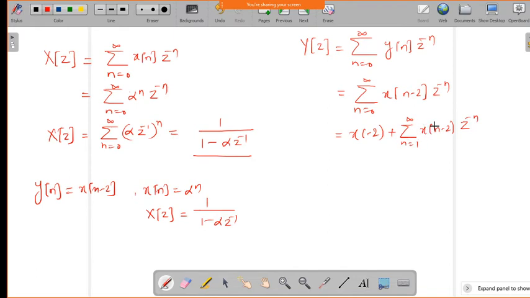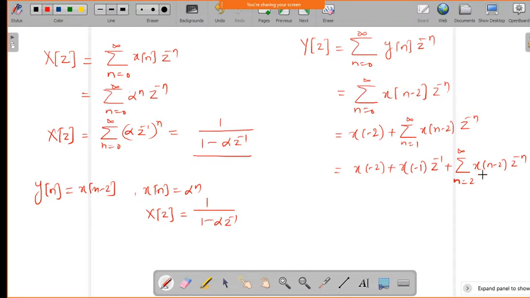Similarly, if you put the value of n equal to 1 here, you will get x(-1) z^(-1), plus n equal to 2 to infinity x(n minus 2) z^(-n).